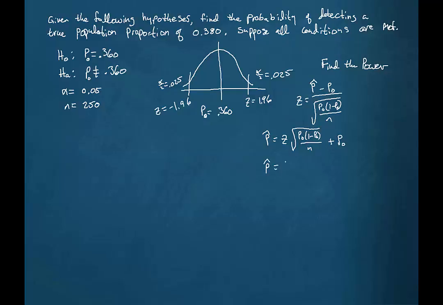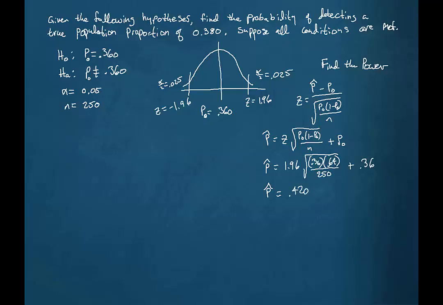So we would have 1.96 times the square root of 0.36 times 0.64 divided by 250, plus 0.36. And when we do that calculation, we find 0.420.